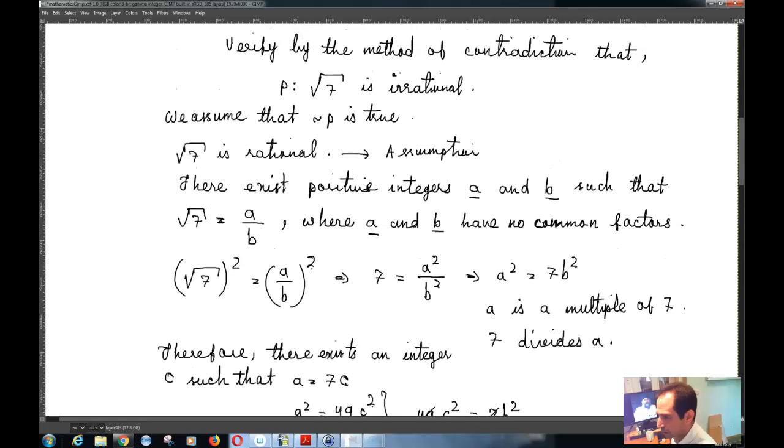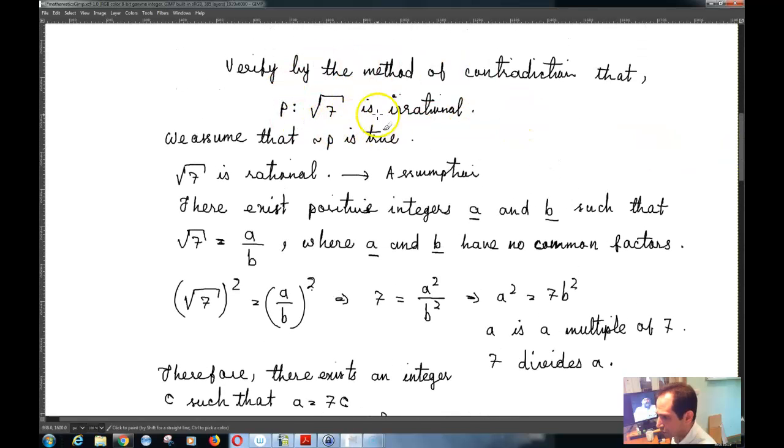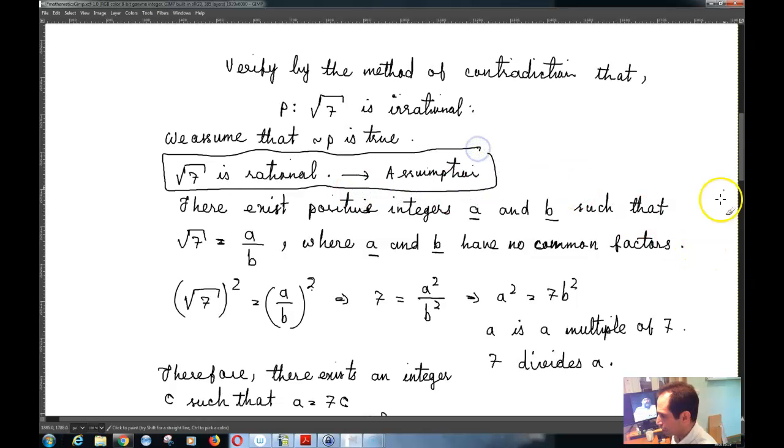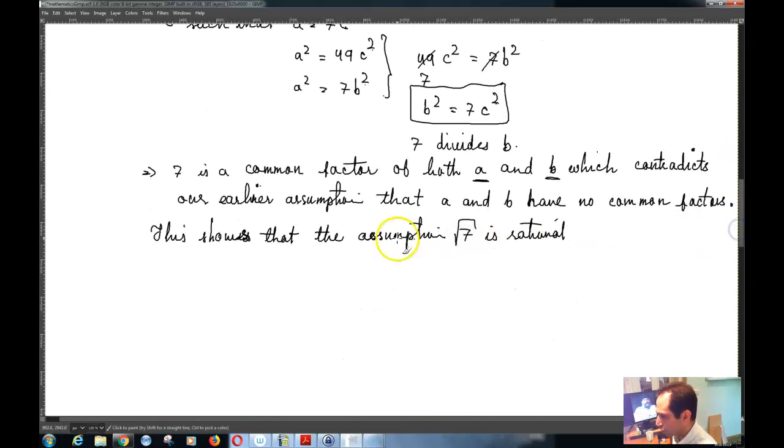I said that the square root of 7 is a rational number. That was the assumption that we made. But that leads to a contradiction, which makes this assumption wrong. So the assumption that the square root of 7 is rational is wrong.